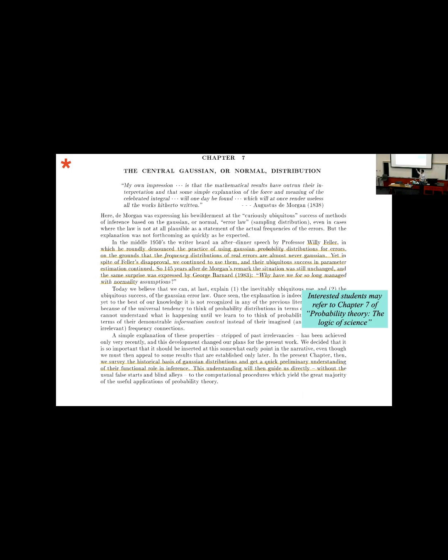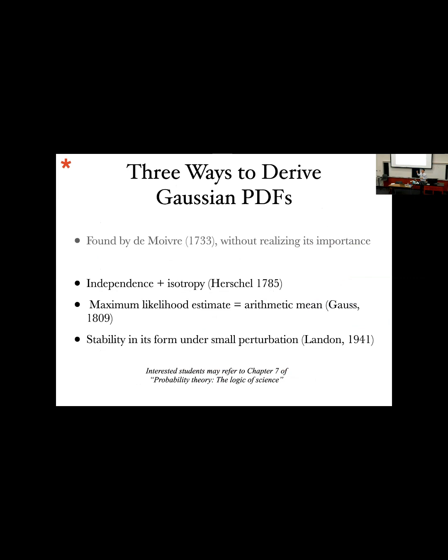Chapter 7 is devoted to the Gaussian distribution, and you can see why the Gaussian distribution is so weird. This book gives three ways to derive the form of the Gaussian distribution, and each of them involves something very specific. For instance, in the first one, a long time ago, they tried to measure the location of a star.